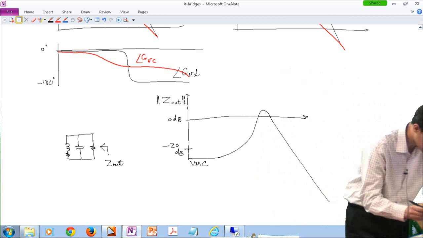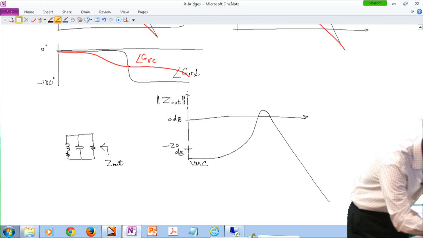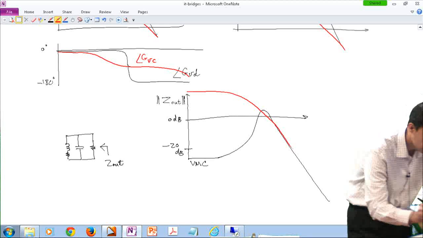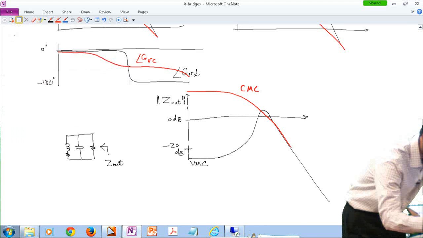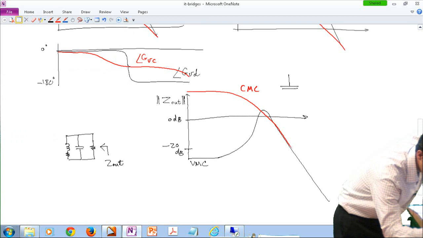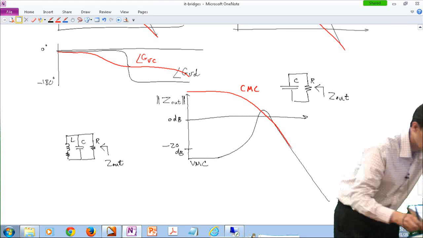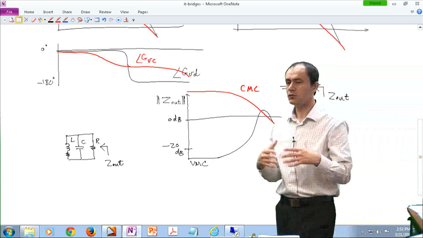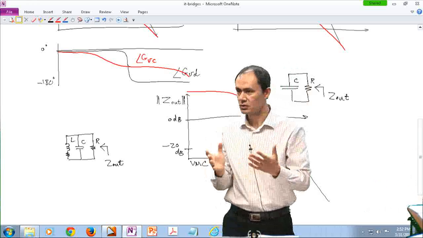But unfortunately, current mode control does not. It looks more like this. So this is current mode control. And the reason is, for current mode control, remember the dynamic of the inductor is eliminated. So at low frequencies, capacitors are like open circuit, and what we have is just a resistor, which is our output load.